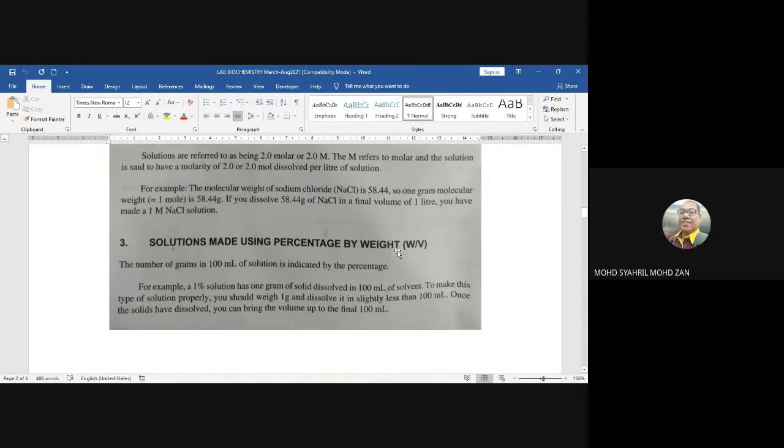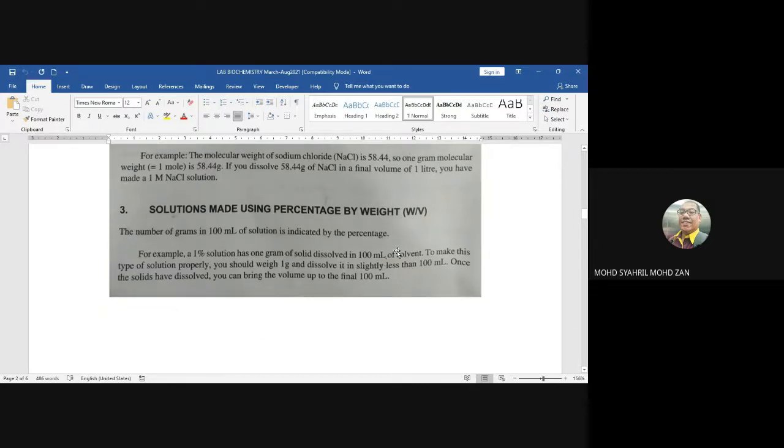Alright, so continue. We go for using percentage by weight. Let's say we have a number of gram in 100 ml of solution. We can indicate it as a percentage. So for example, a 1% solution has 1 gram of solid dissolved in 100 ml of solvent.